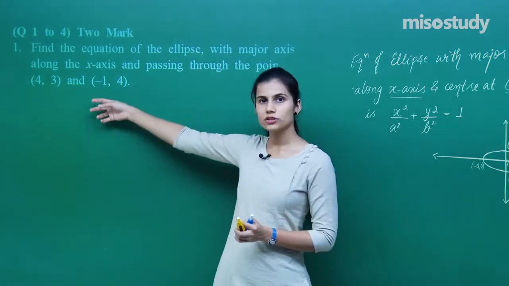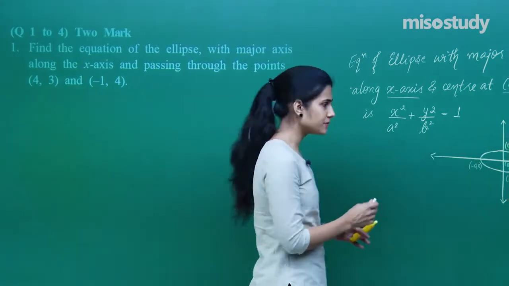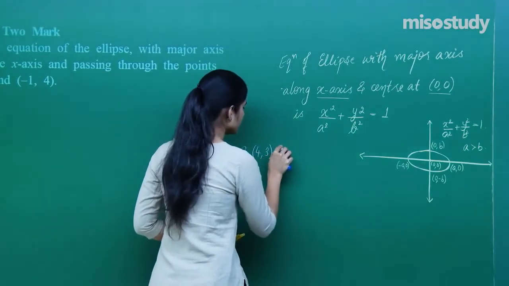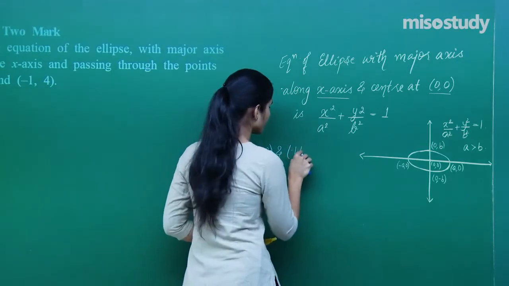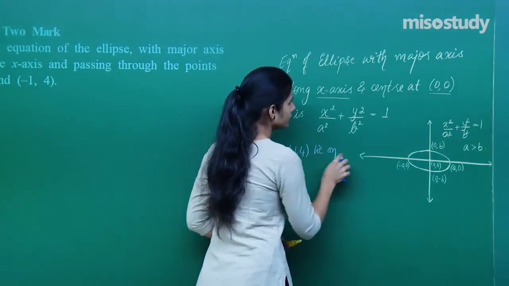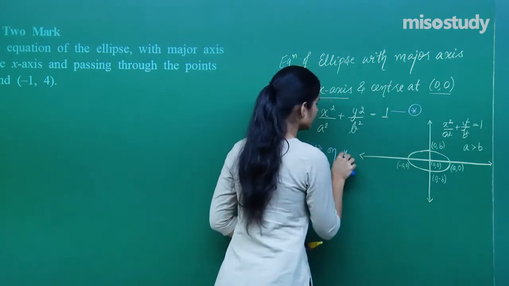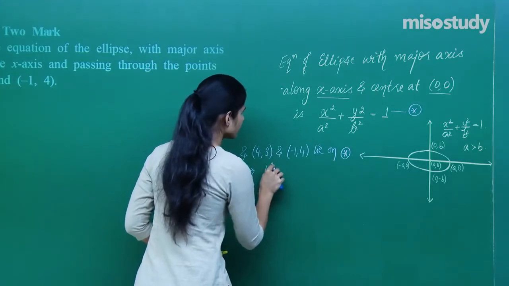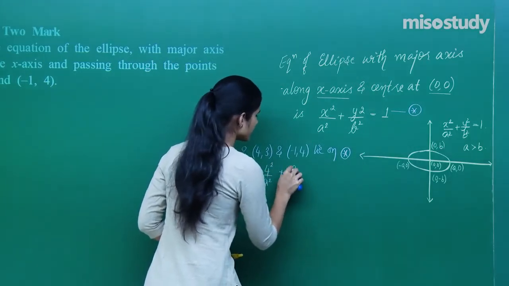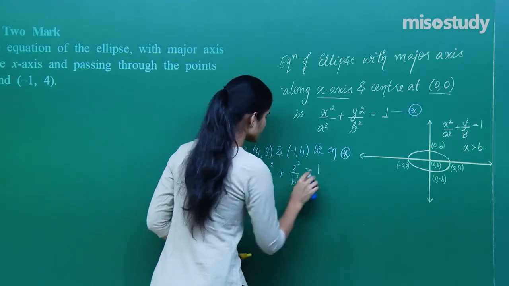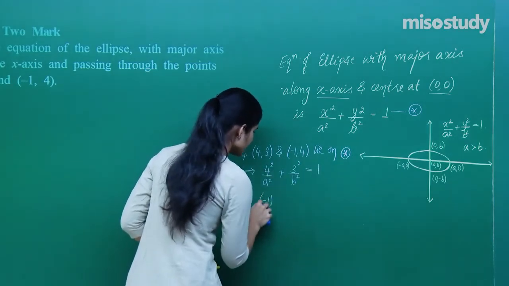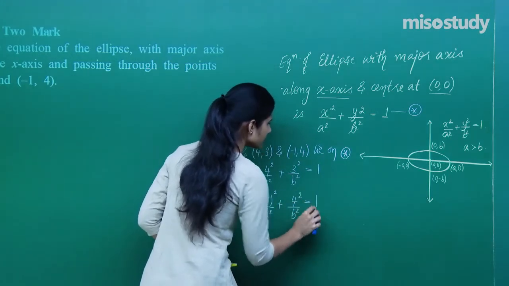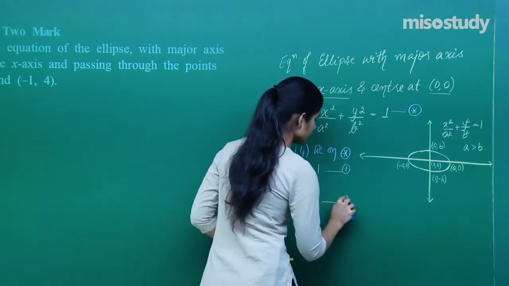That means the x and y coordinates of these 2 points are going to satisfy the equation of my ellipse. (4, 3) and (-1, 4) lie on the ellipse, so the coordinates satisfy the equation 4 square by a square plus 3 square by b square equals 1, and again (-1) square by a square plus 4 square by b square equals 1. Say this is 1, say this is 2.